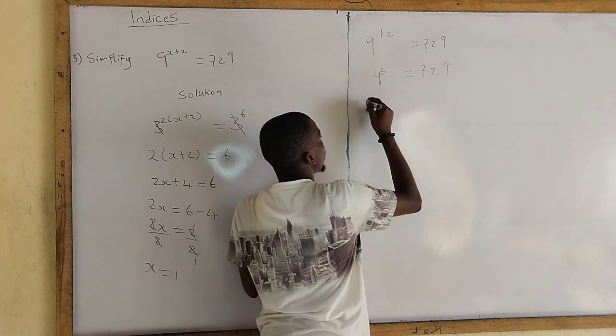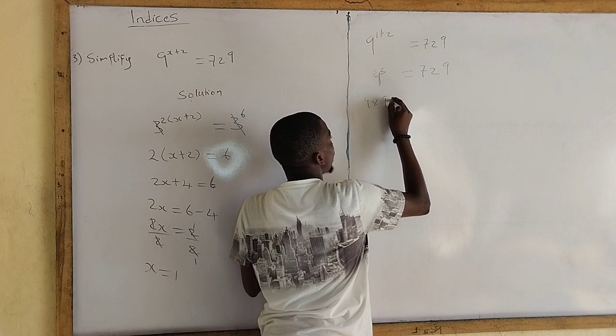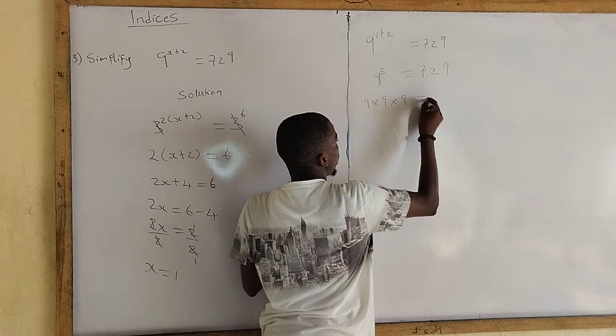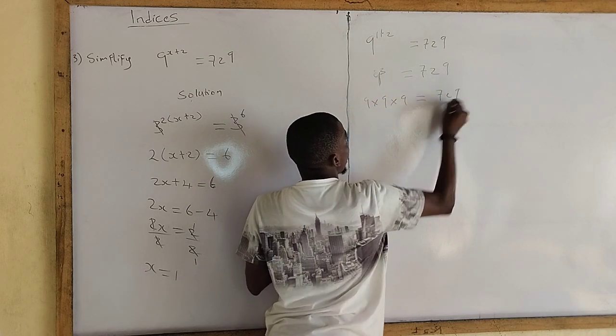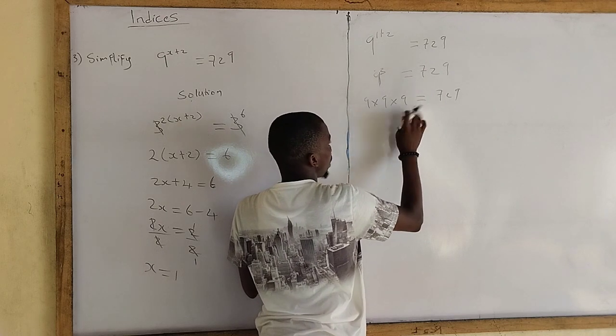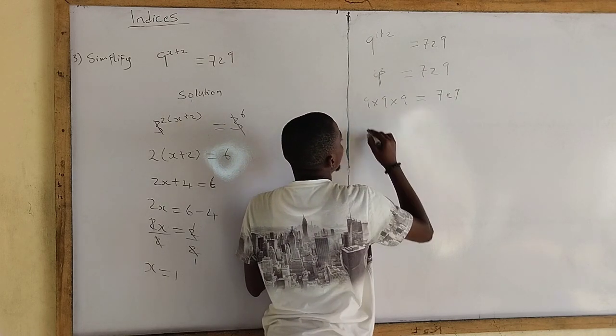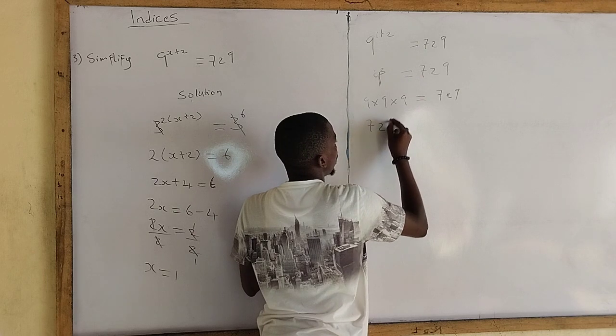And 9 raised to the power of 3 is 9 times 9 times 9, and 9 times 9 times 9 is equal to 729.